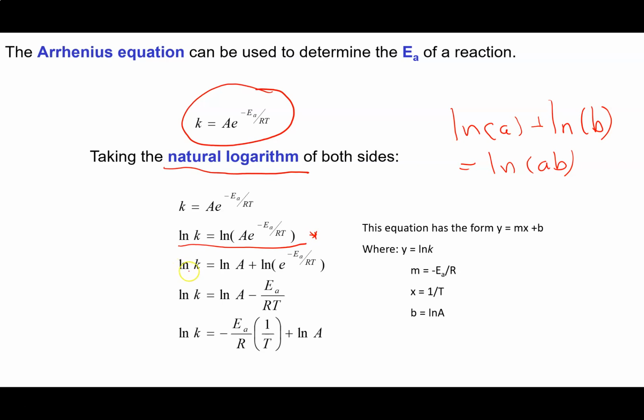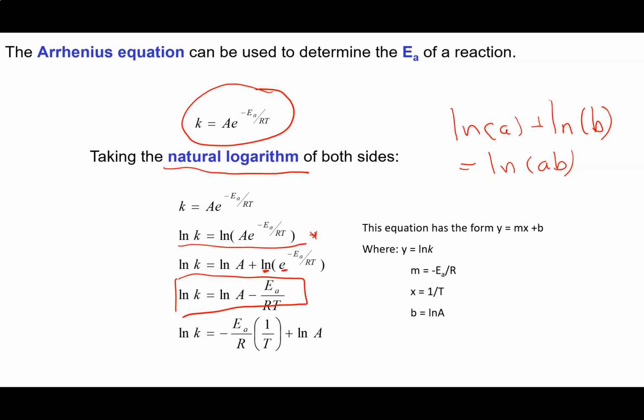And so now I can write log k equals log of A plus log of e to the minus Ea on RT. Now, the natural logarithm is just the inverse function of the exponential function. So basically that just eliminates that e there, and that gets me down to here. And I'm just going to reorganize the terms. I'm not changing anything at this point.